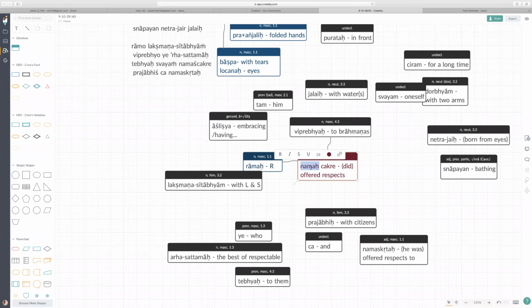That would be wrong grammatically. But you can say namaha viprebhyaha. So respects to brahmanas. Okay, then anything else is there? Well, we have also tebhyaha. And tebhyaha here will be another recipient of respects.